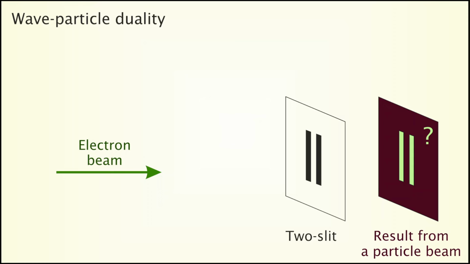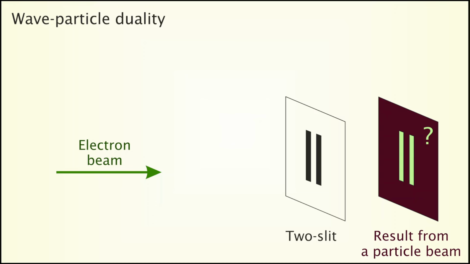In case the electron beam would consist of particles, this is what you would get. You would get a more or less perfect image of the two-slit on the screen, because either an electron would go by the left slit and then hit the screen, or it would go by the right slit and then would hit the screen in the respective place.